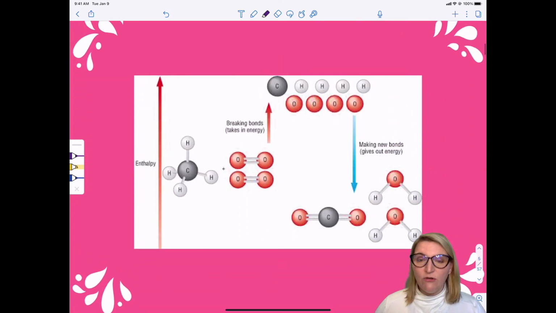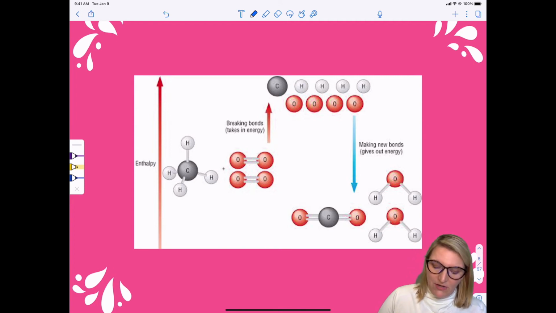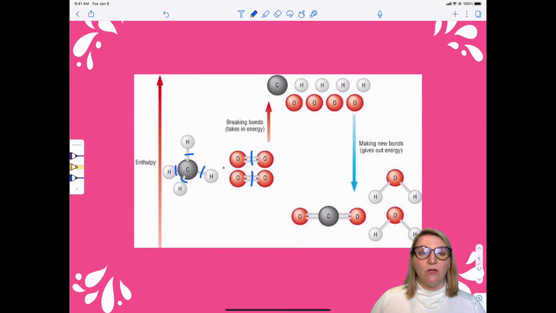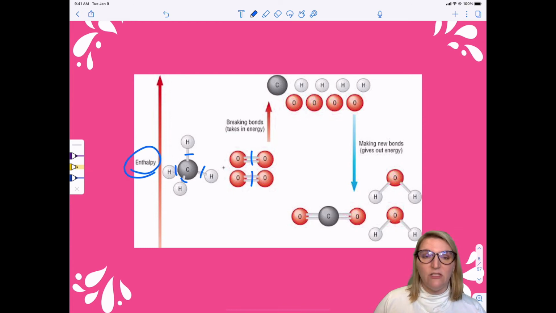And then this graphic here just helps us to understand what's going on in a typical chemical reaction. We see that we have the reactant molecules here, and what needs to happen is those bonds need to be broken. And we looked at this last chapter that energy or enthalpy needs to be added in order to make that happen.